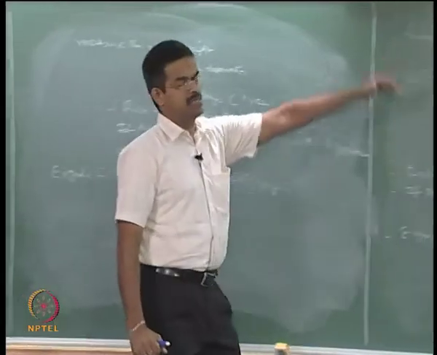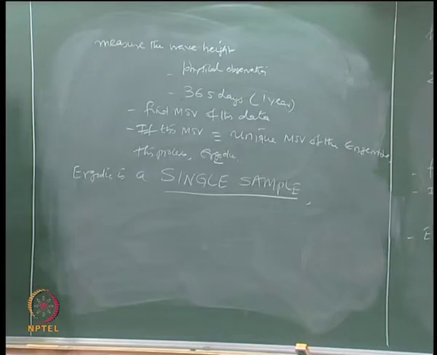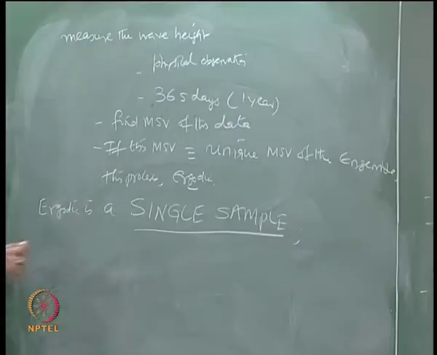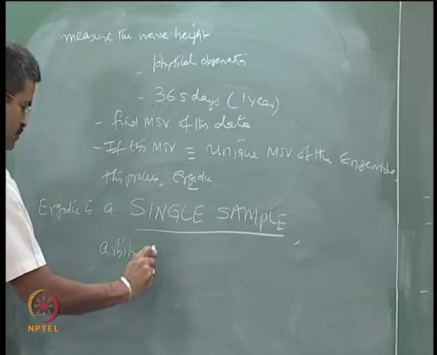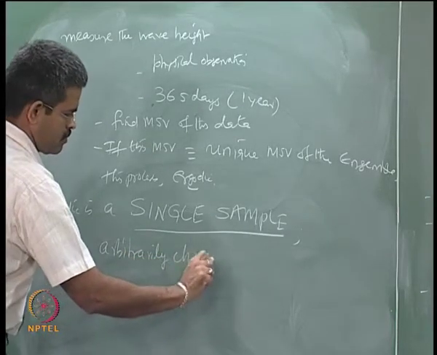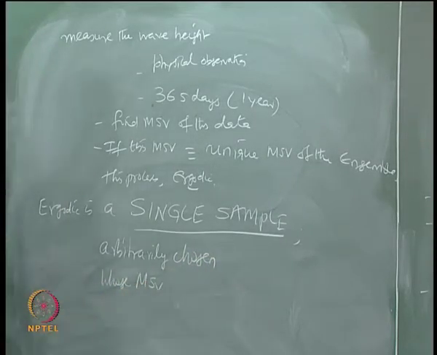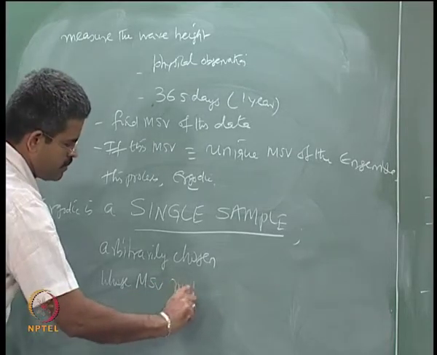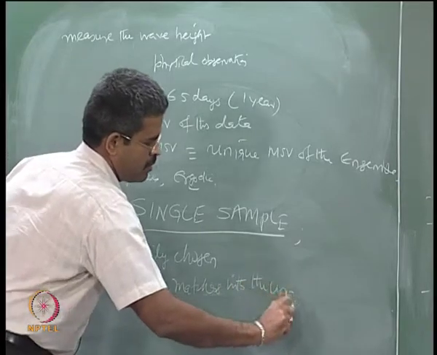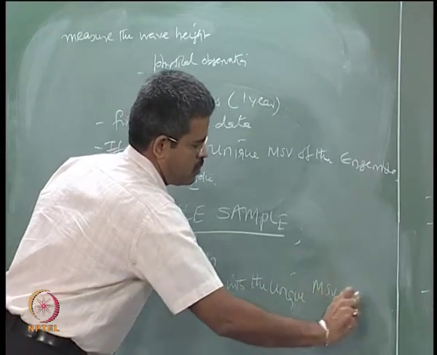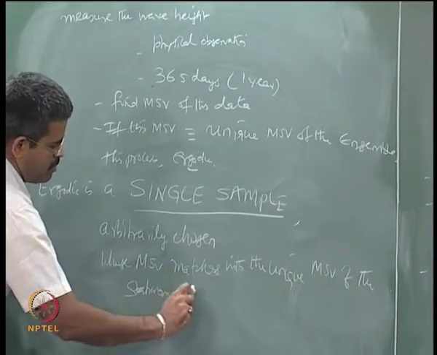It is not a set of records, it is a single sample which is arbitrarily chosen whose mean square value matches with the unique mean square value of the stationary process.